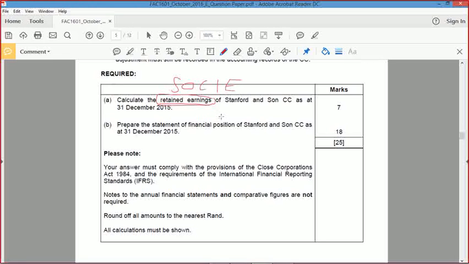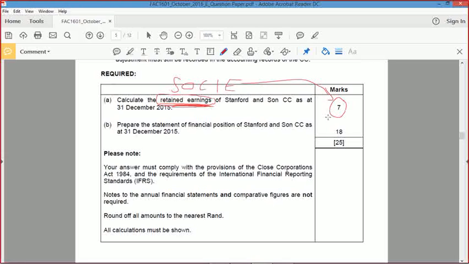Yes, one column. Remember exam technique. You're not going to draw up the entire SOCI because then you're wasting time. In the exam, they're only going to give you marks for the retained earnings column in the SOCI. It's 7 marks. Be careful, because it's 25 marks, 30 minutes.